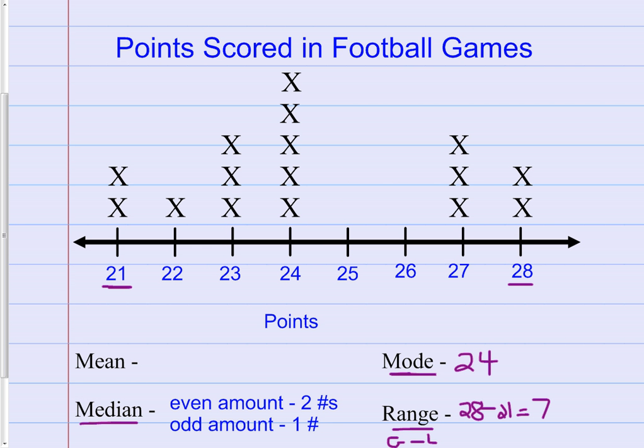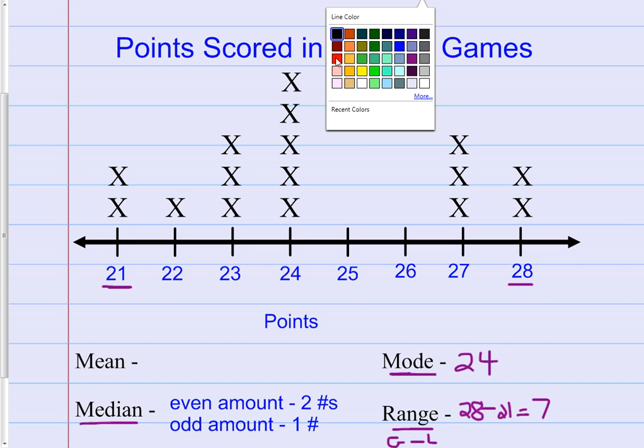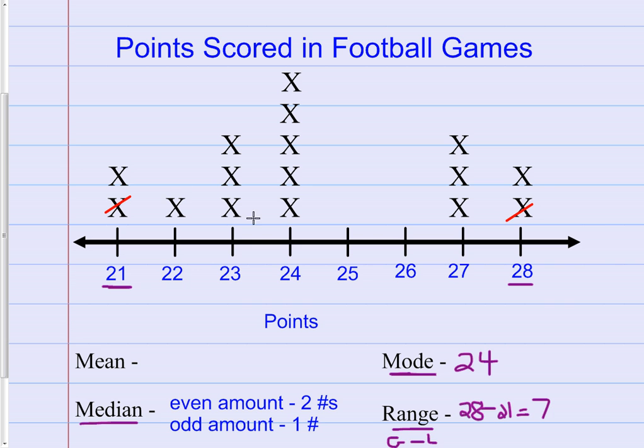So now I can go ahead and start crossing off. What do I want to do? I want to cross off high and low. So I start crossing off 21 and 28. Then 21 and 28 again. Then 22 and 27. Then 23 and 27. And then 23 again and 27. Then 23 and 24. Then 24 and 24.